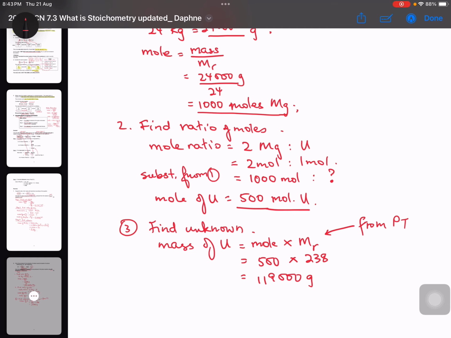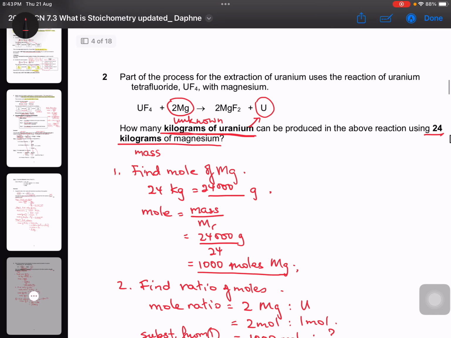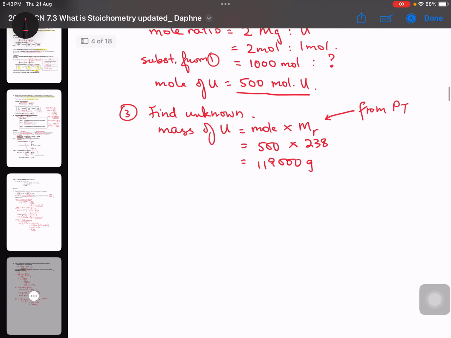However, the question tells us that they want the answer in kilograms, so change it to kilograms. You have to divide by 1000. Divide by 1000, you get 119 kilograms. And that will be our final answer. Is that okay?